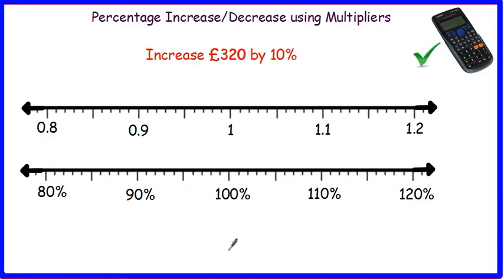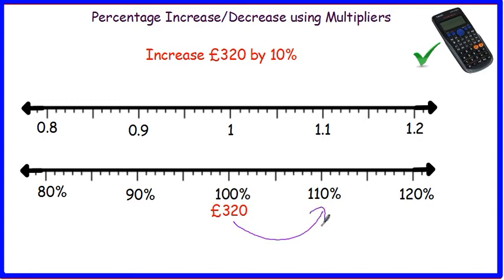Increase £320 by 10%. At this moment in time, £320 is my 100%. I'm going to increase that by 10%.